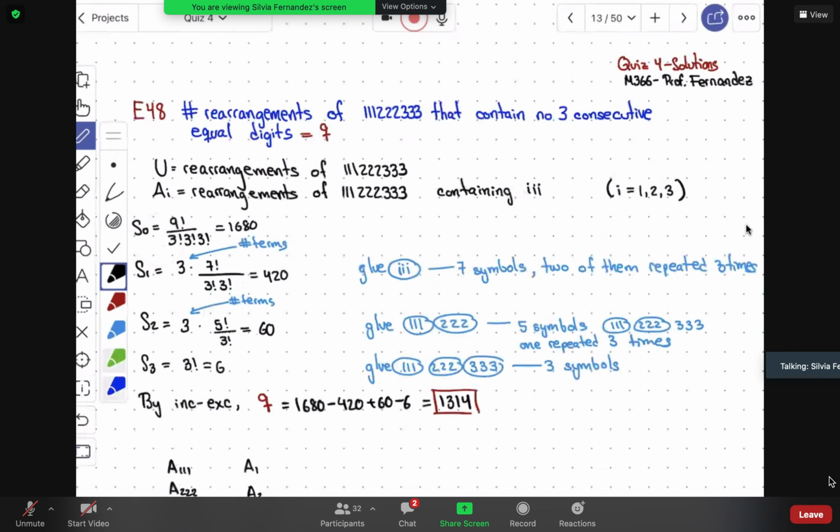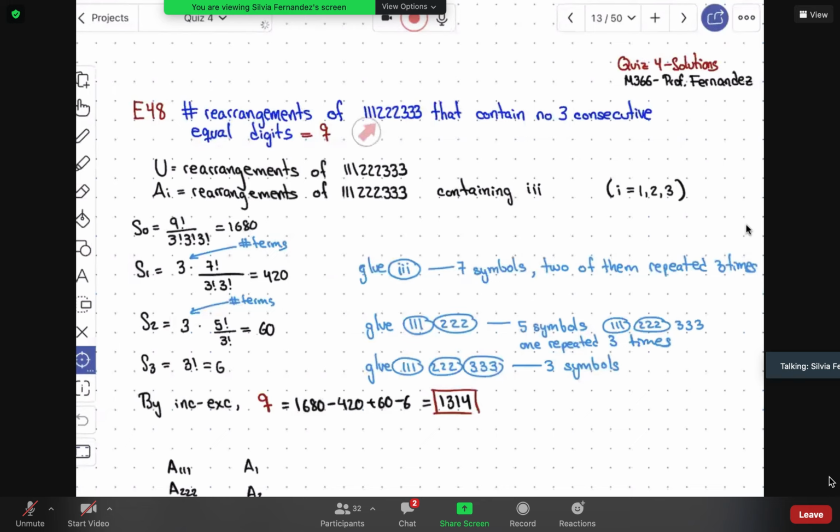What are your sets? And then the computations. If you just give me the computations, I don't know what you're counting. So it's very important. Now, in this one, remember that usually your sets represent what you want to avoid. So that's kind of the general rule: your sets somehow should represent what you want to avoid.